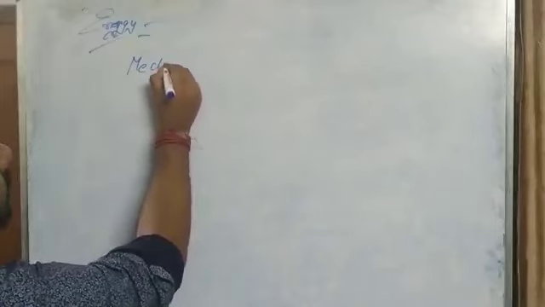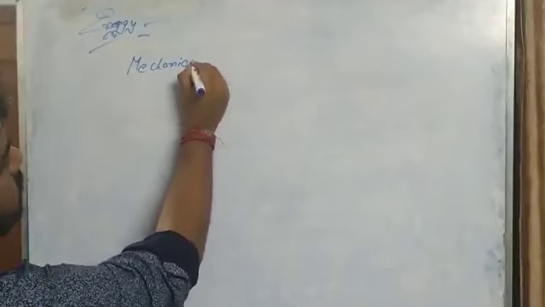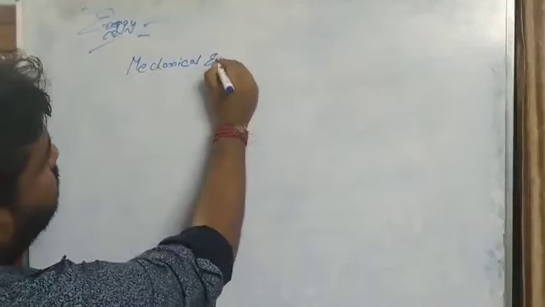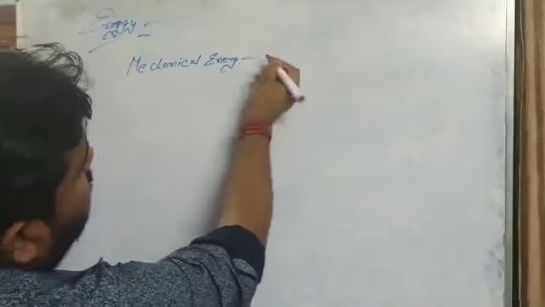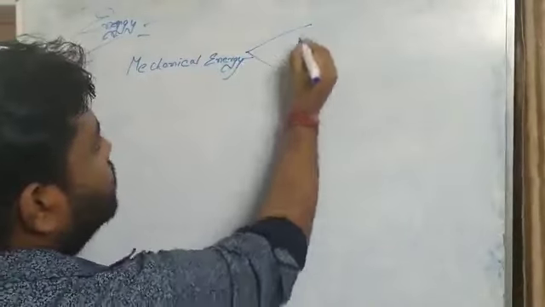What is mechanical energy? The energy possessed by a body by virtue of its motion as well as configuration. That is energy at rest or in motion. There are two types of energy.